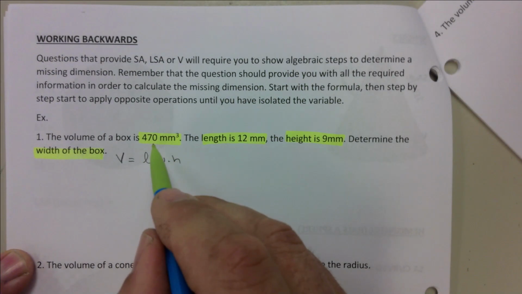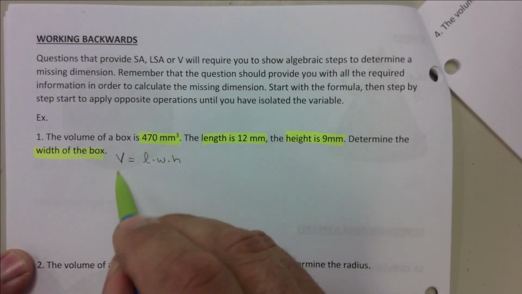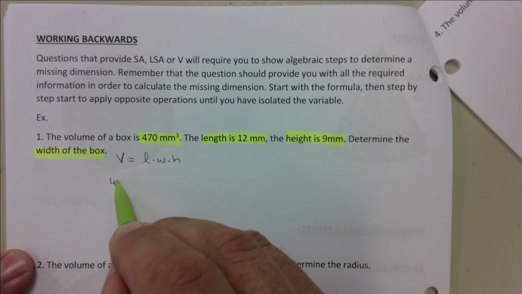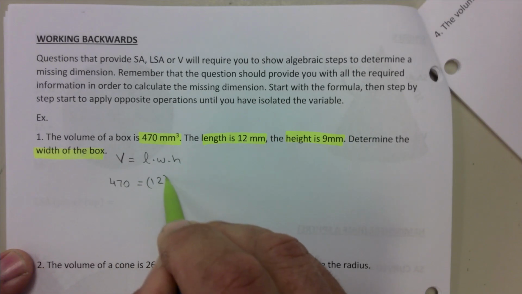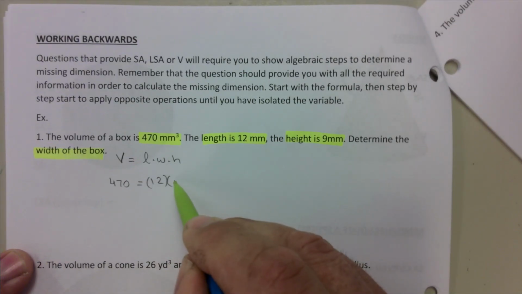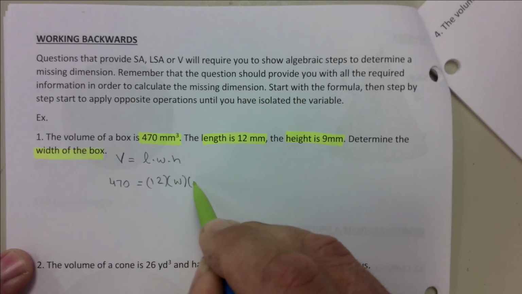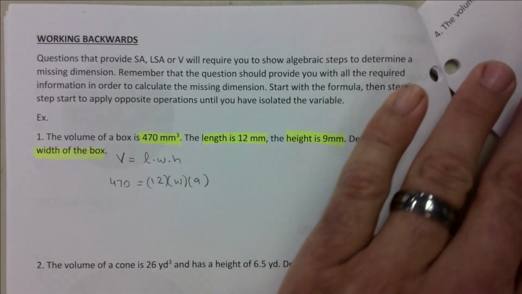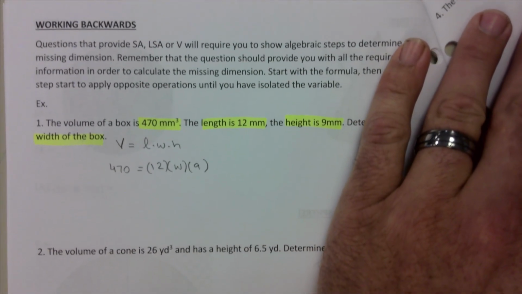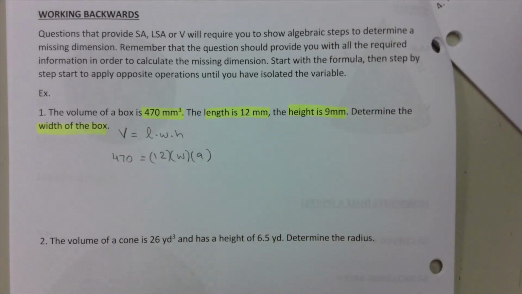And we substitute that in. The 470 is my volume. The length is 12, the width is what they want, and the height is 9. I always like to do any computations that can be done on one side before I move stuff around.